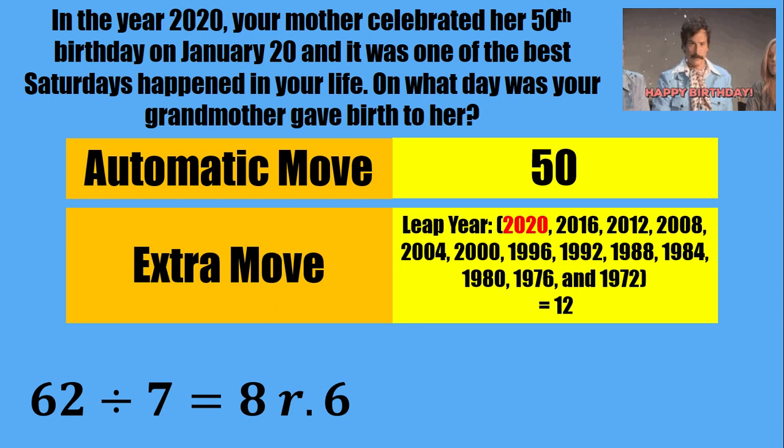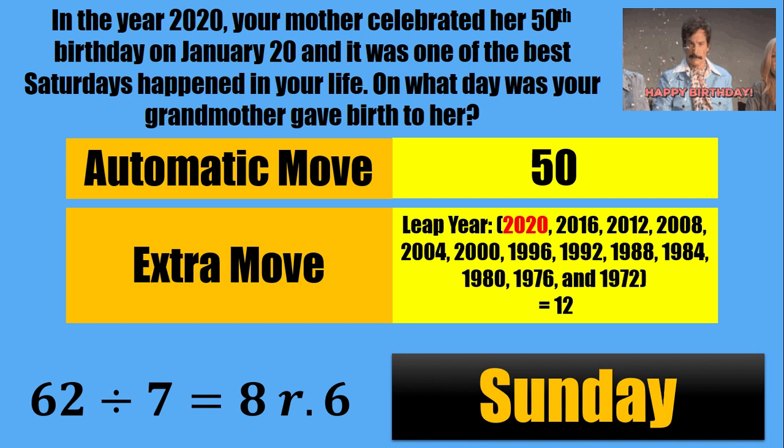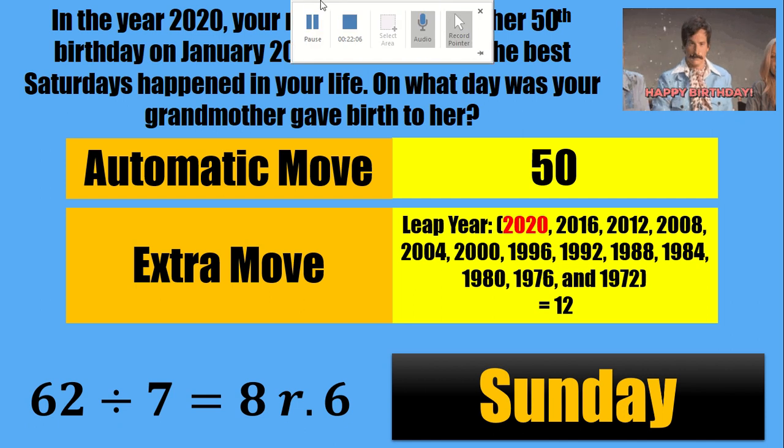And the answer to that is Sunday. From Saturday, you go back to Friday, Thursday, Wednesday, Tuesday, Monday, then Sunday. So the answer here is Sunday. For this problem, this is not coming from an actual date from the calendar, but we can consider this as correct since we follow all the rules.